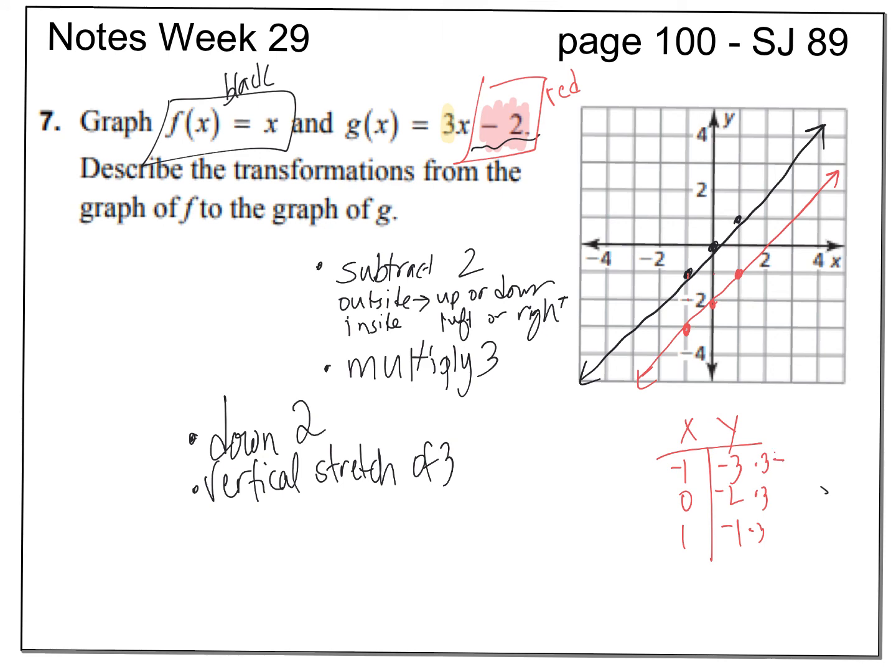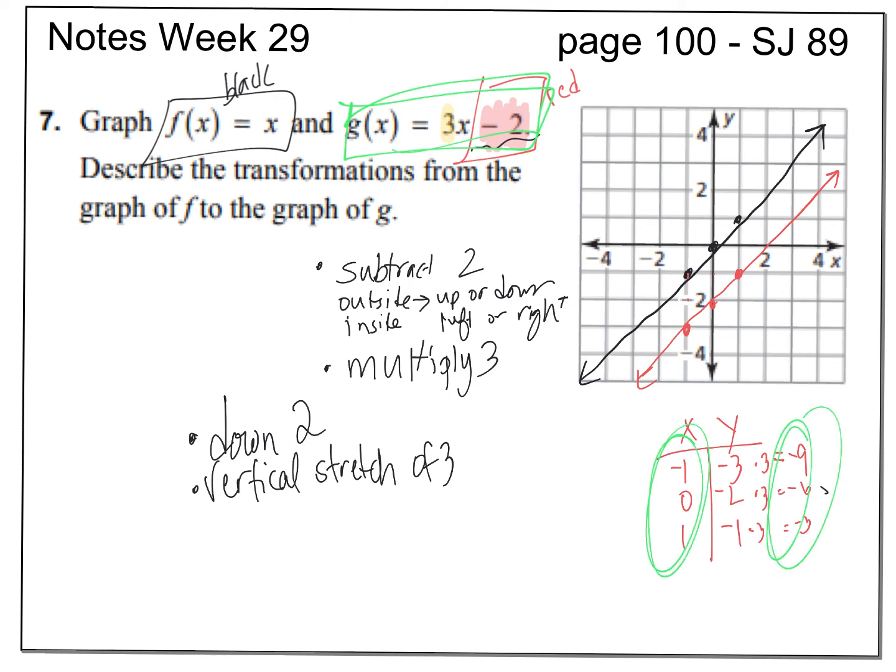So my new ones are negative 1, negative 9, 0, negative 6, and 1, negative 3. And I'm going to do those in green. So my final answer will be the green line.